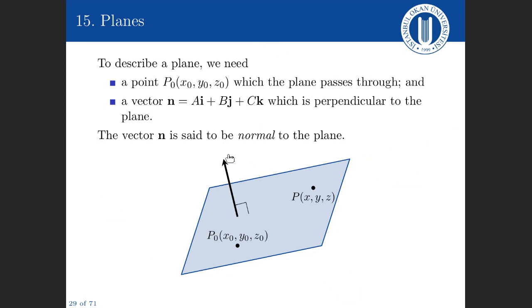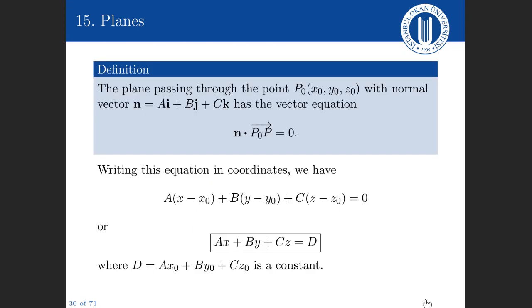The vector n, which is a vector which is orthogonal or perpendicular to the plane, a vector where all of these angles around the vector are 90 degrees, is called a normal vector. And let's suppose the point x, y, z is just any point on the plane. Then the vector from P0 to P must be orthogonal to the vector n.